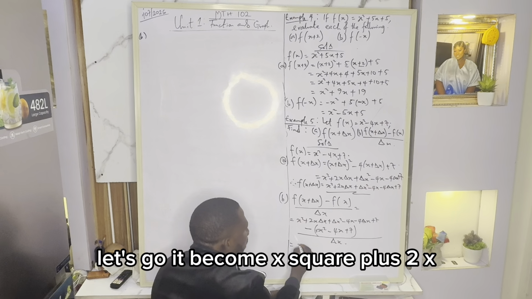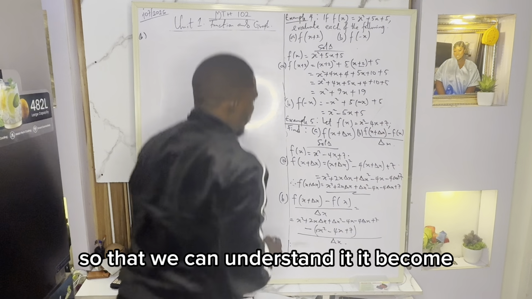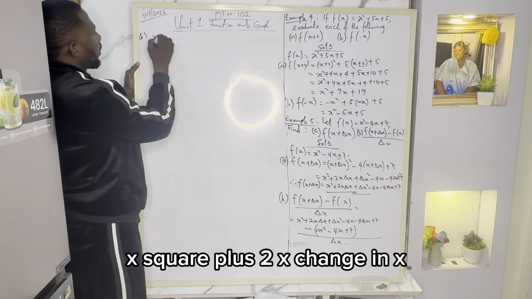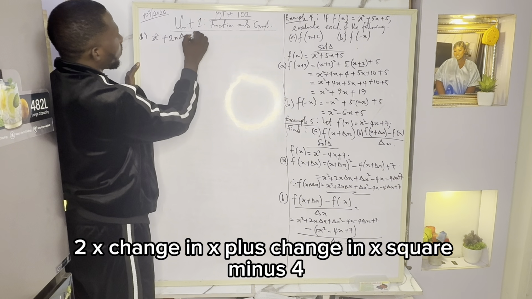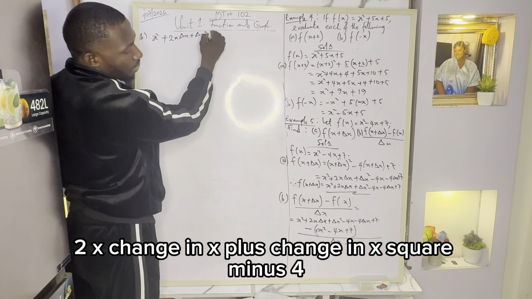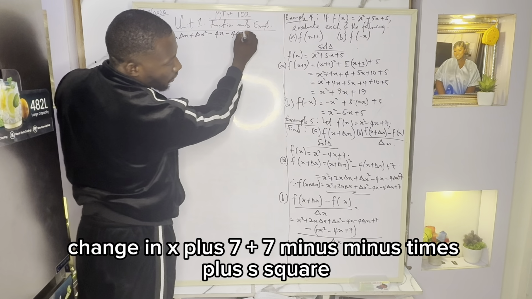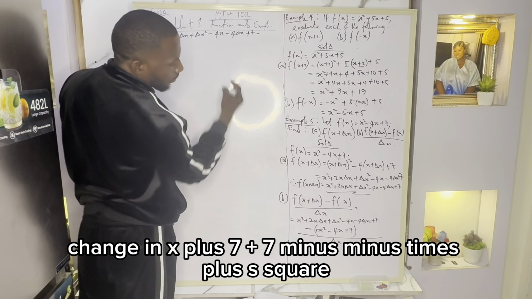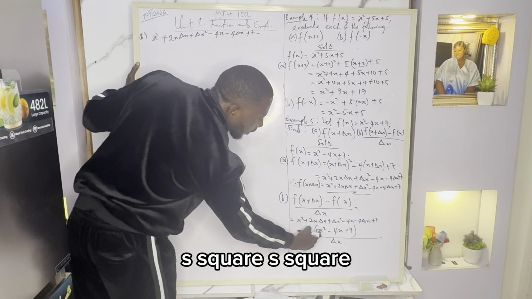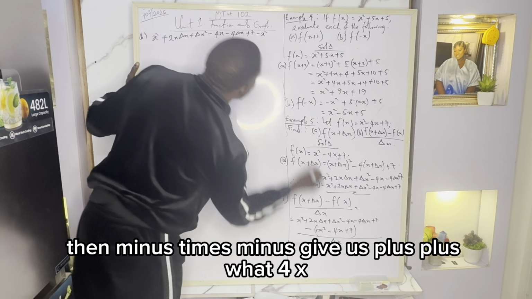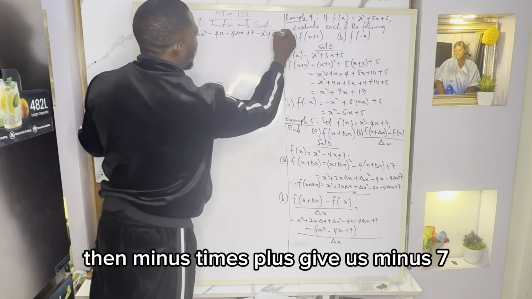Let's go. It becomes x squared plus 2x change in x plus change in x squared, minus x squared, then minus times plus gives us minus, then minus times minus gives us plus 4x, then minus times plus gives us minus 7.